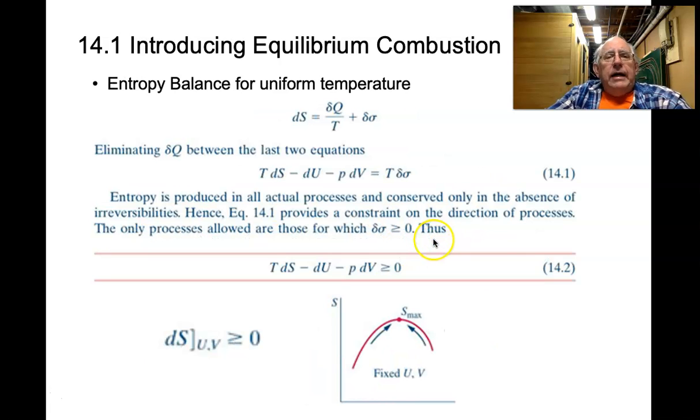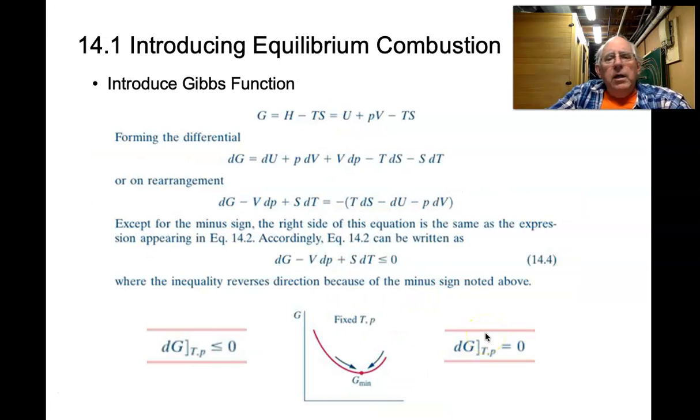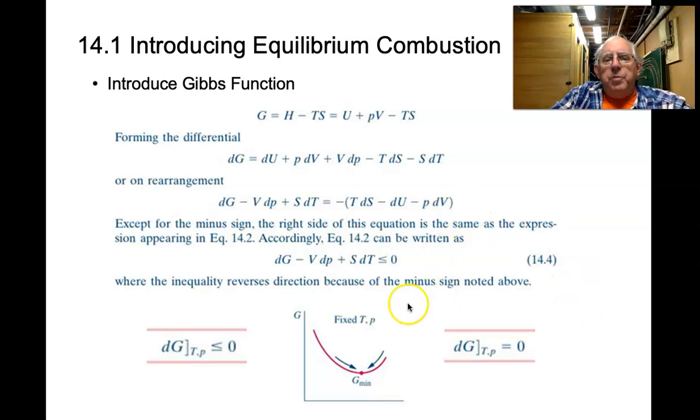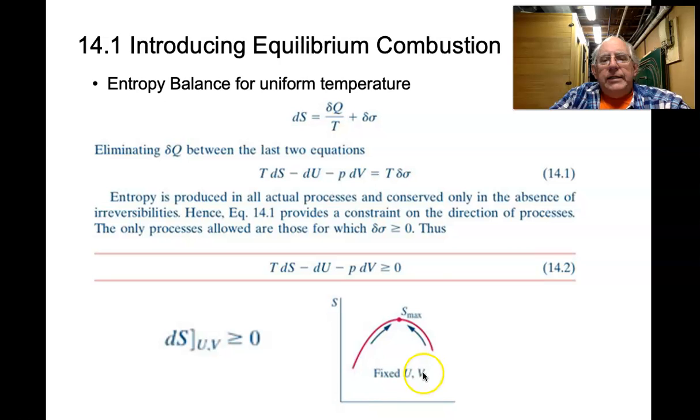And so what we have now done is look at the equilibrium condition as either the point where we have maximum entropy or the point where we have minimum Gibbs function. And they correspond to two different kinds of conditions. One condition is when we have a fixed energy and fixed volume, and one would think of that as a container that consists of a certain mass of material confined within a certain volume.